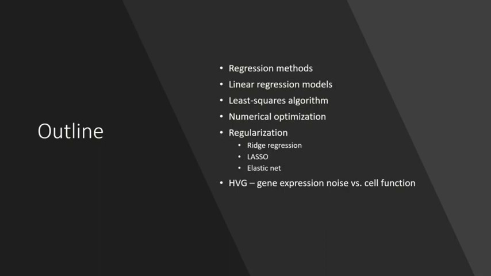as a group of methods. And then we will discuss linear regression models, single variable, multivariables. We will look at how to compute those coefficients to fit the linear regression model.